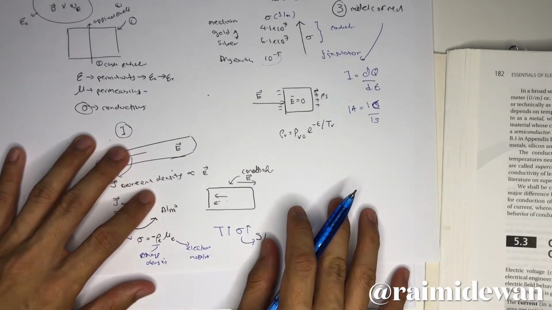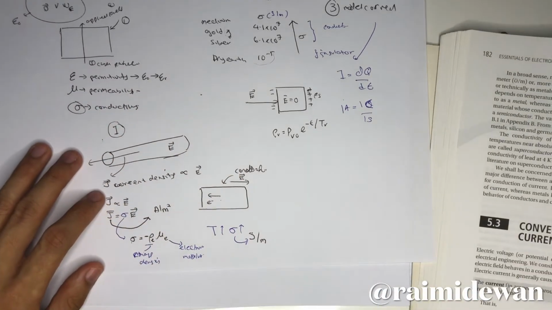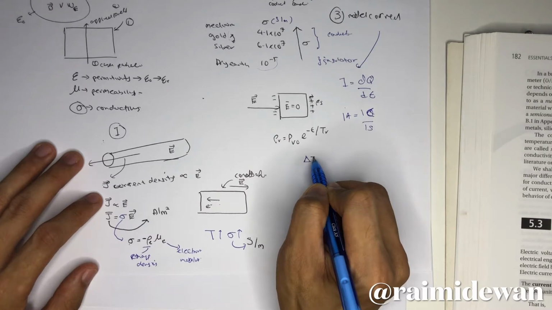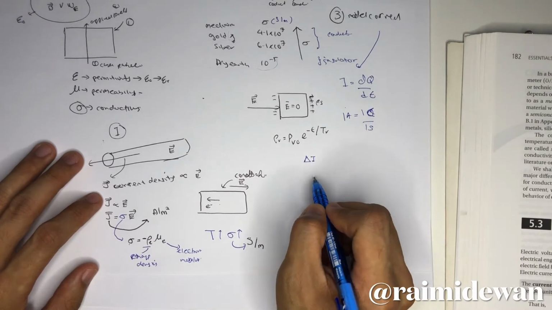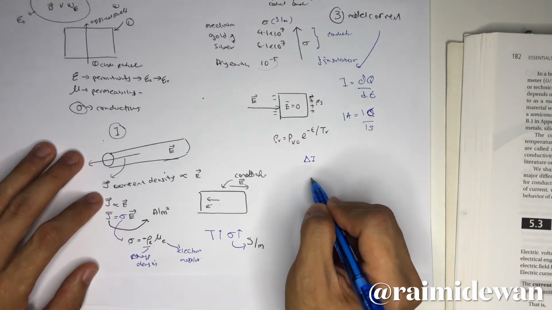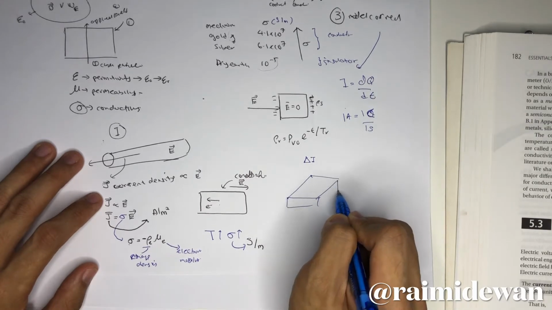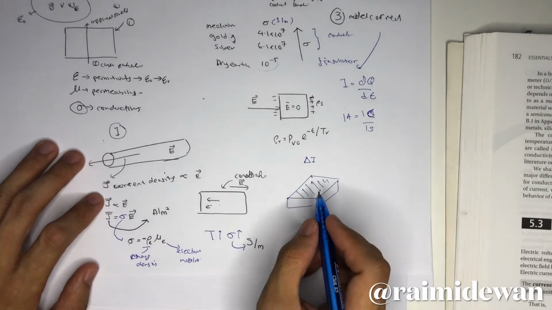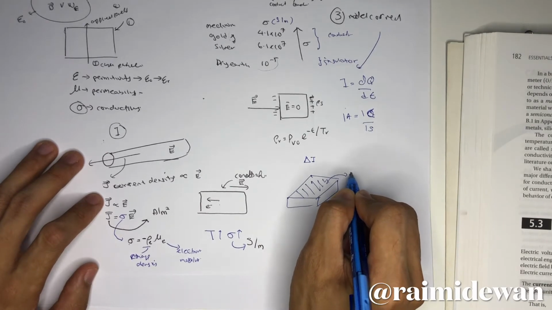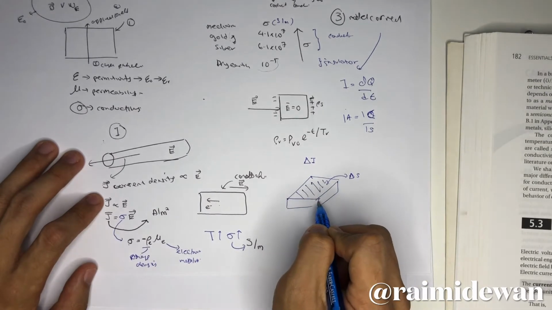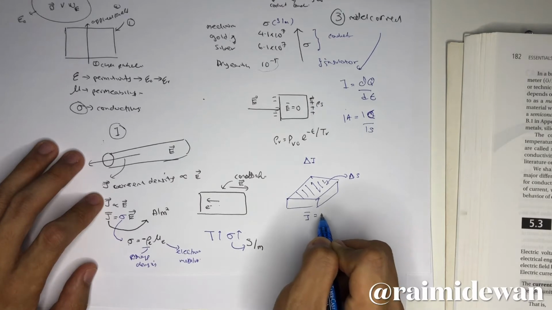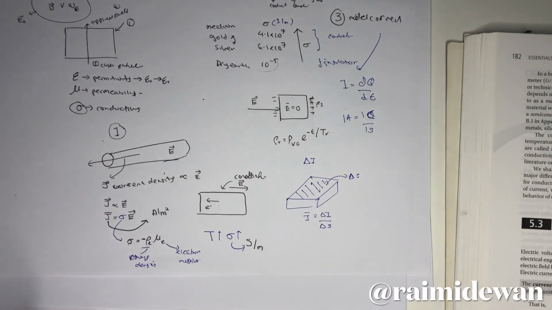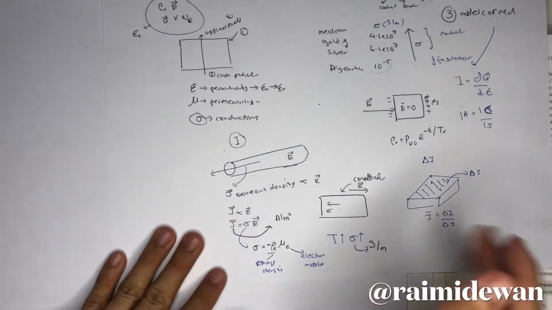If we have a current, for example, delta I, that flows through a planar surface, let's say this one is your planar surface, delta S. Then the current density passing through here is J equals delta I over delta S. So J is a vector, because it has direction, you see here.